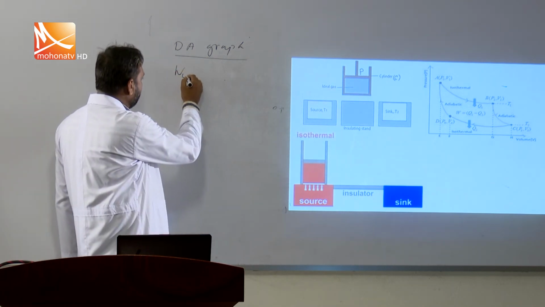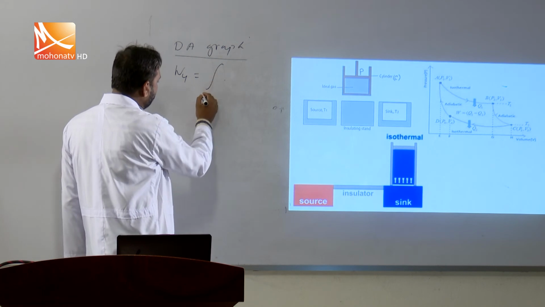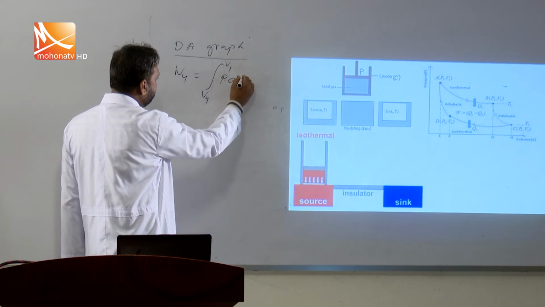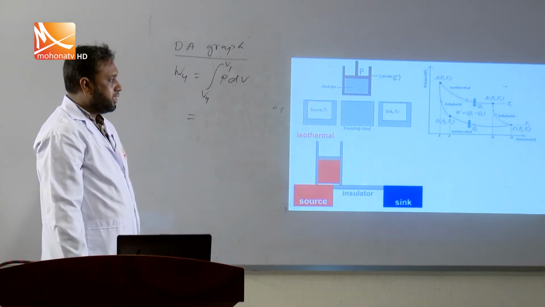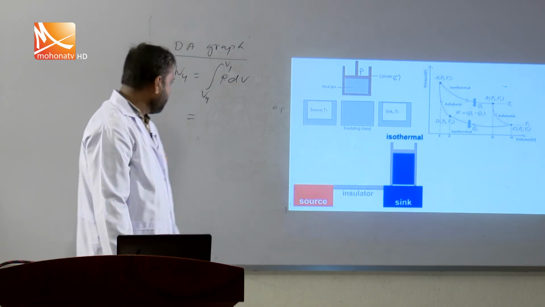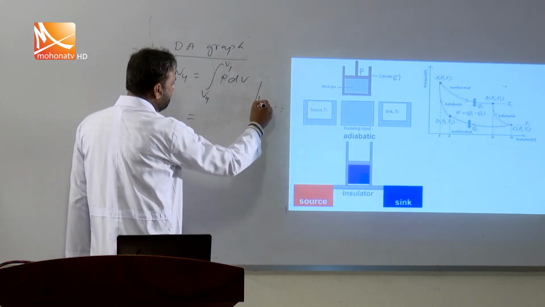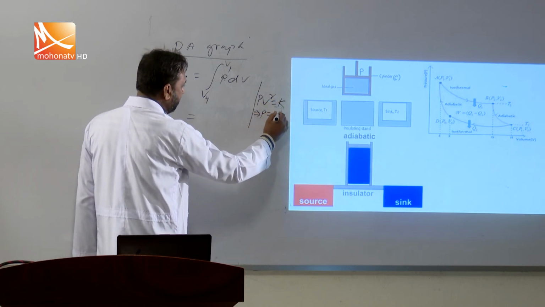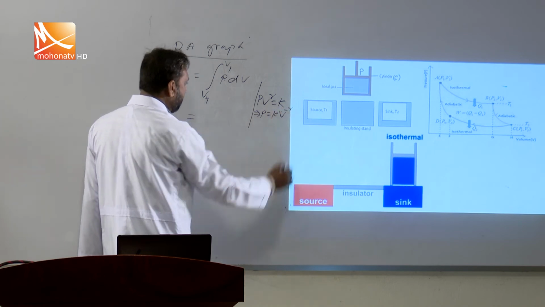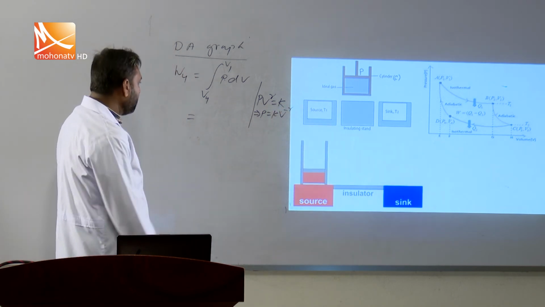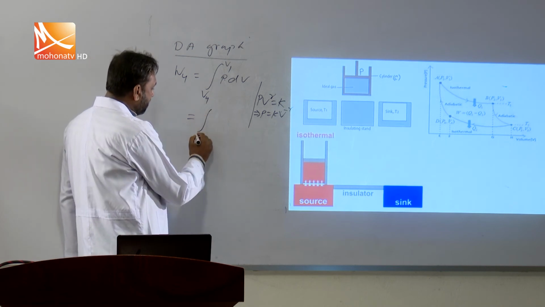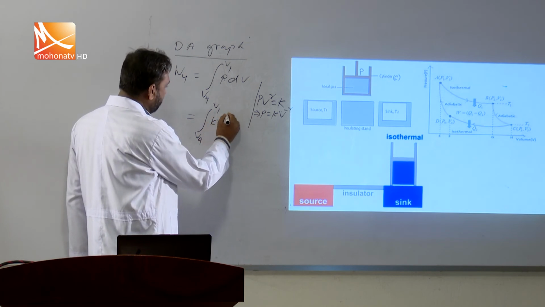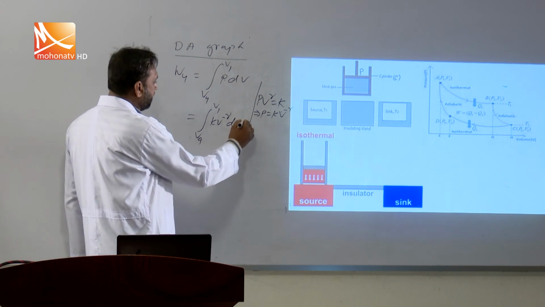Work done W4 equals integration from V4 to V1 of PdV, and this process is adiabatic. For this reason, we can write the formula PV gamma equals constant, or P equals K into V to the power minus gamma, equals integration V4 to V1 of K V to the power minus gamma into dV.